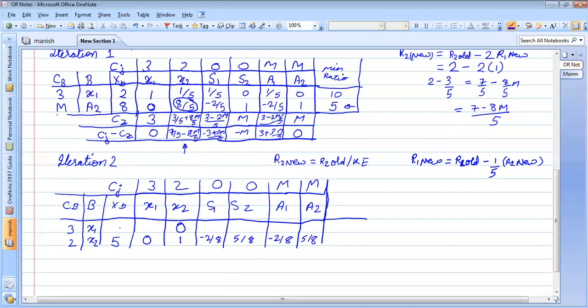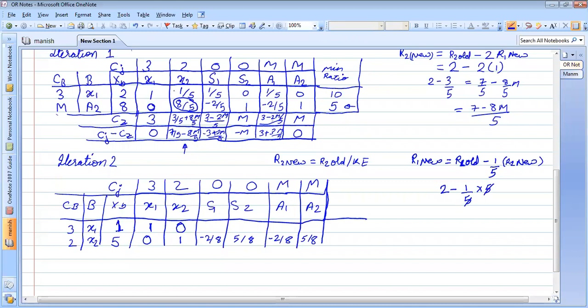Similarly, for this value, this will be equal to 2 minus 1 by 5 into 5. So 5 and 5 will get cancelled. 2 minus 1 will become 1. So the x1 value of XB will become 1. Okay. Then 1 minus 0, so 1.